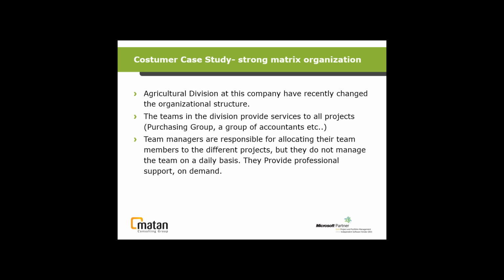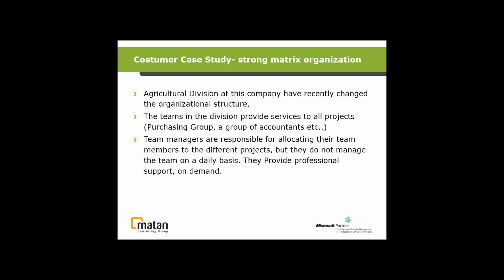I want to dive into another customer case study. This is an example of a strong matrix organization, meaning again that this is an organization where the project managers are stronger within the organization. So in this example, it's a big agricultural division at a certain company.